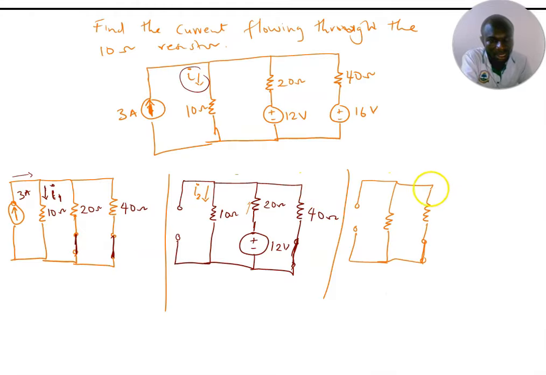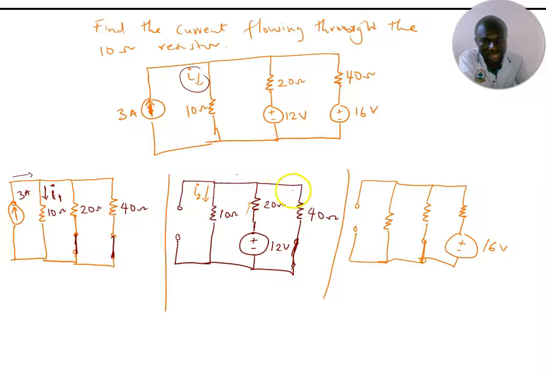Then we also have the 40 ohm resistor, and this time we are maintaining the voltage which is connected in series with it. So we have plus, minus, and we have the 16 volts. Here we also have the 10 ohm. We also have what?